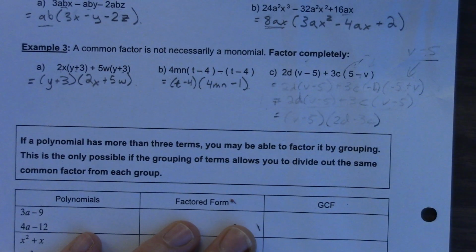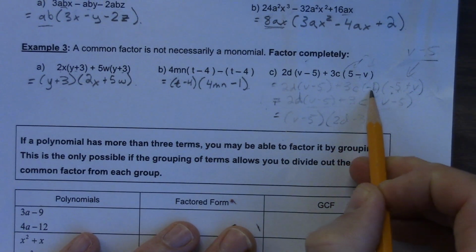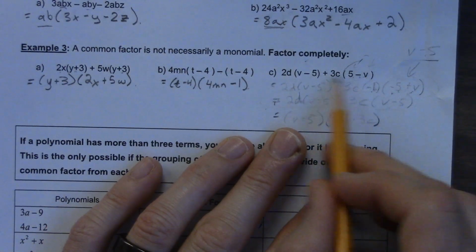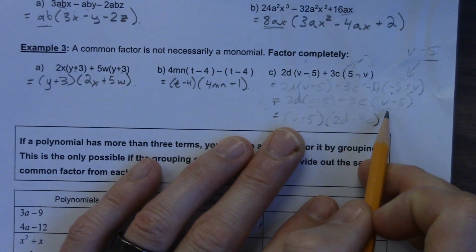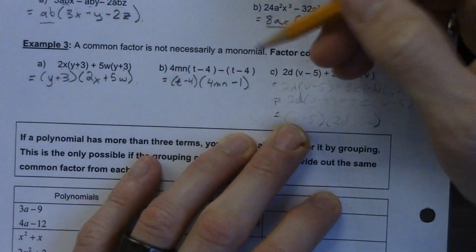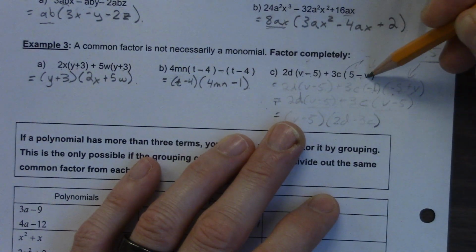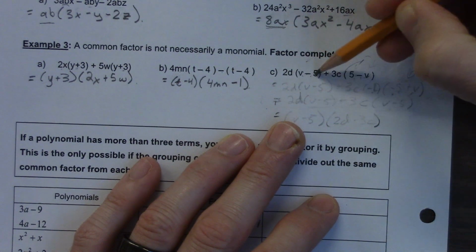No, they're not out of order. They were only out of order here because I'd already taken the negative sign out. But here, do you see at the beginning, KG, how they have different signs? They're not common. Do you see here how this is positive v and this is negative v? You have to make them the same. Positive 5 and negative 5.